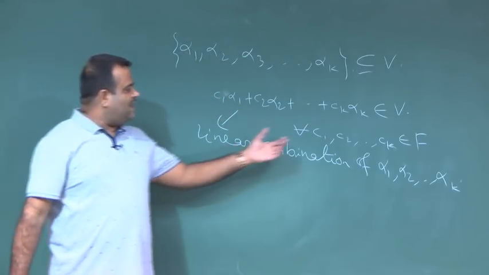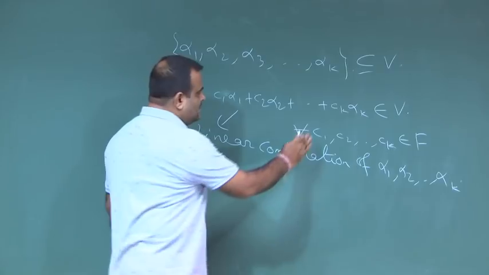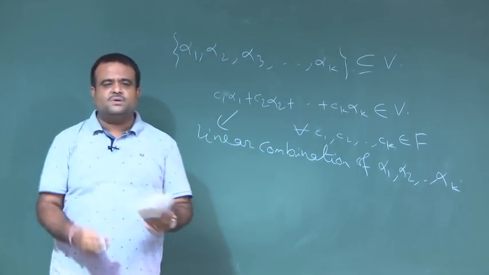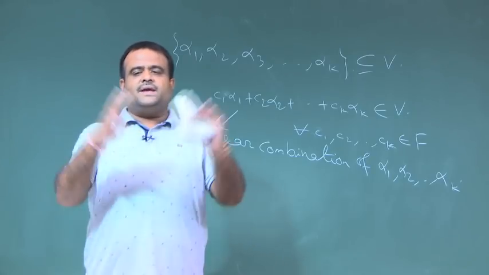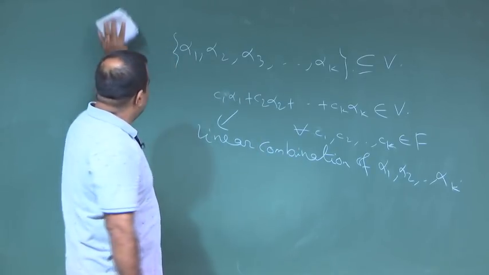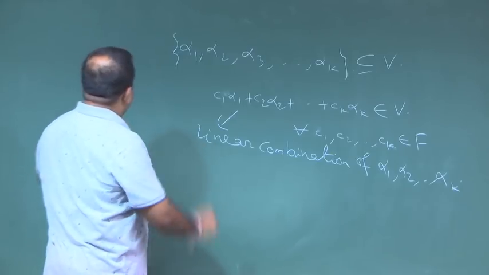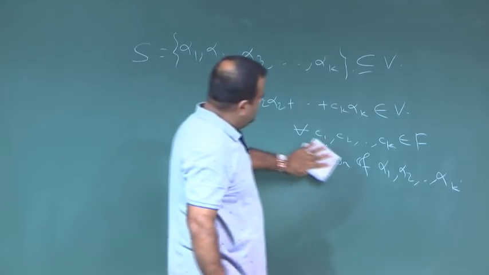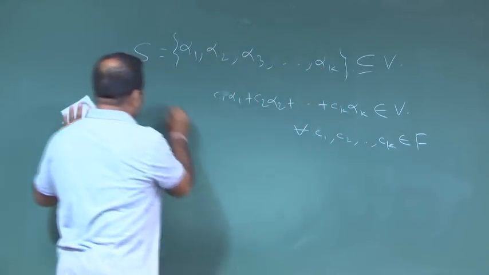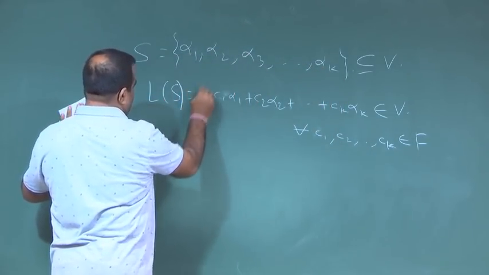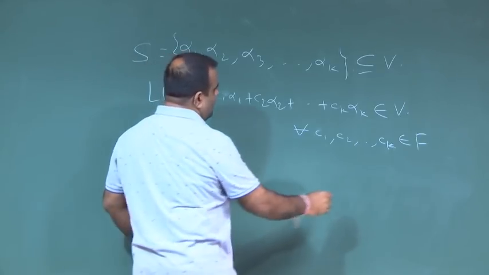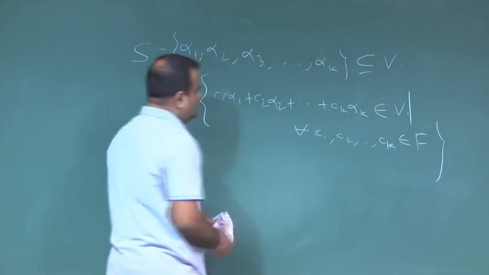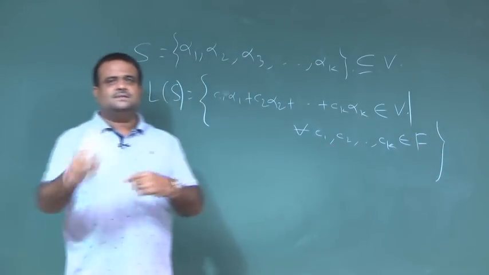Okay. Now, if we vary these c i's, where c i are scalars coming from the field, this will give us different vectors. Now, if we take this collection, we denote this set by S, and this collection is denoted by L of S. L of S is basically this set, where the c i's come from the field as we vary the scalars.